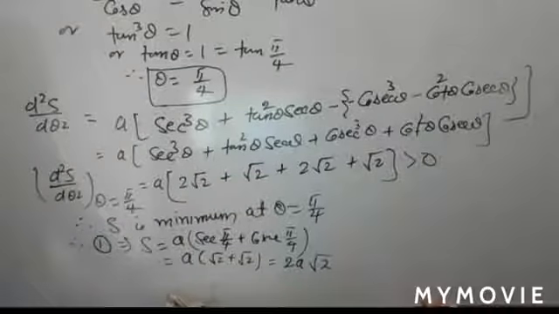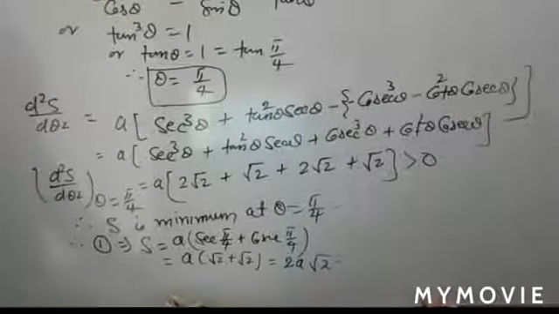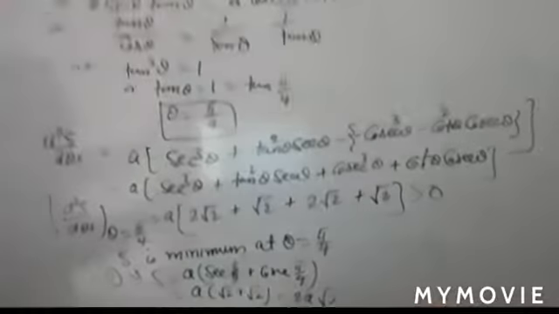If the sum of the lengths of the hypotenuse and a side of a right angled triangle is given, given means constant, so that the area of the triangle is maximum when the angle between them is pi by 3. So this is your question.